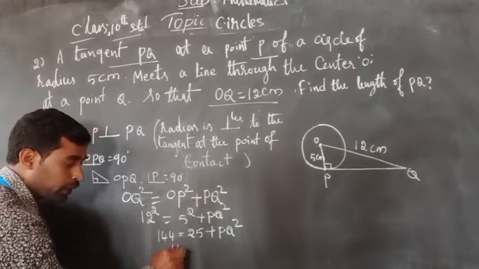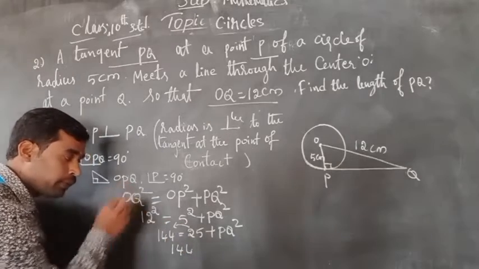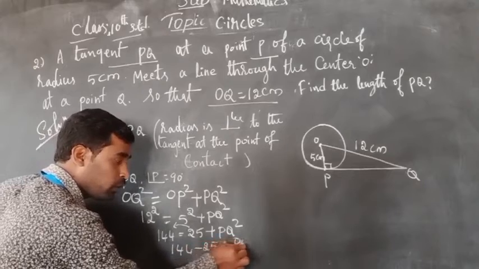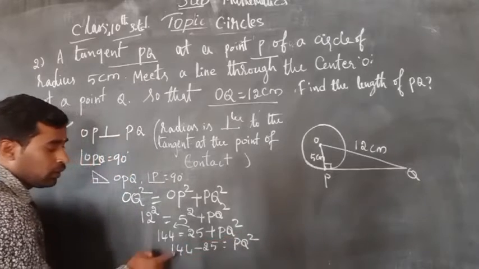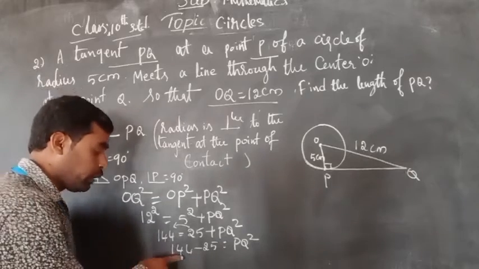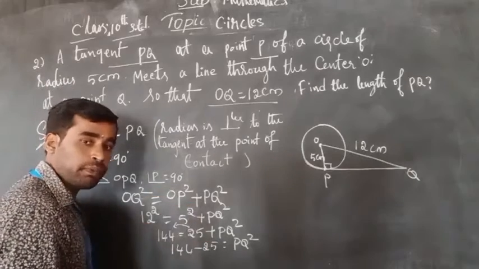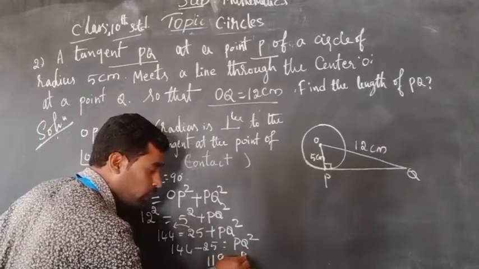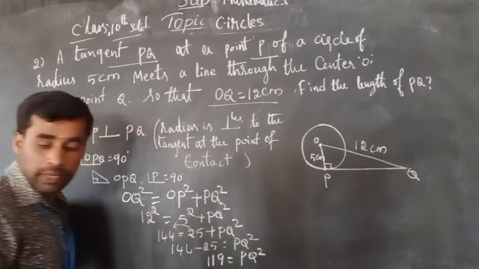Now 144, I transpose 25 to the LHS as minus 25, which is equal to PQ square. Now if we subtract, what will you get? 144 minus 25 is equal to 119, which is PQ square.